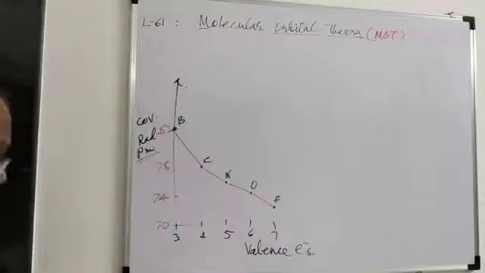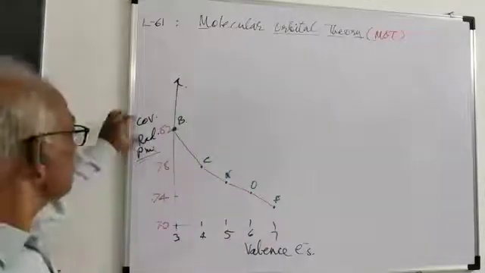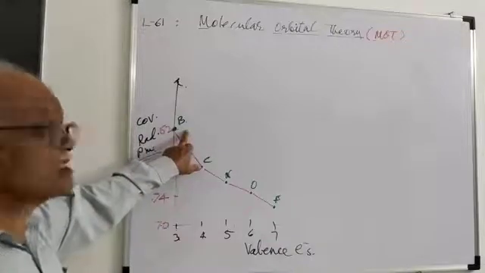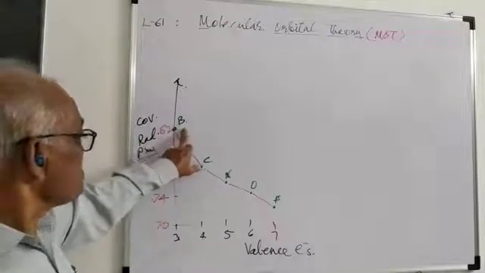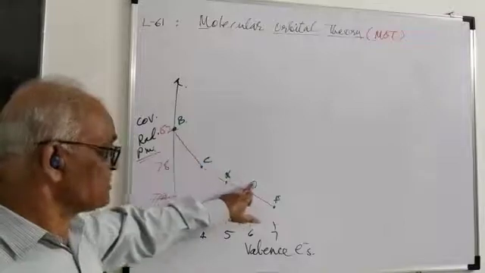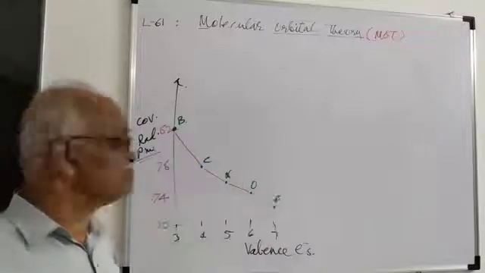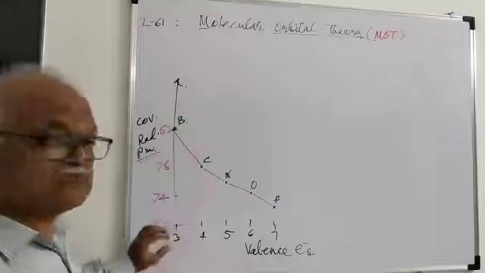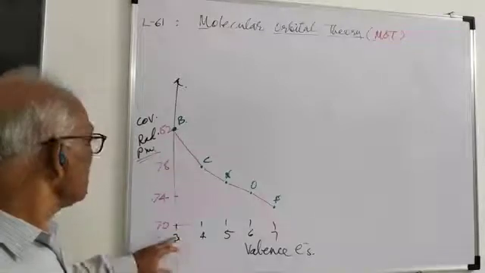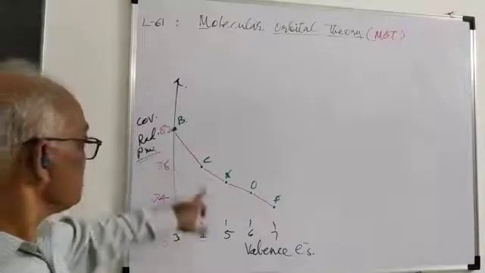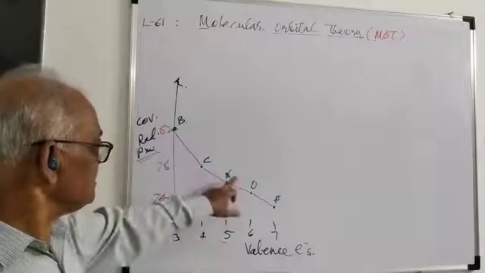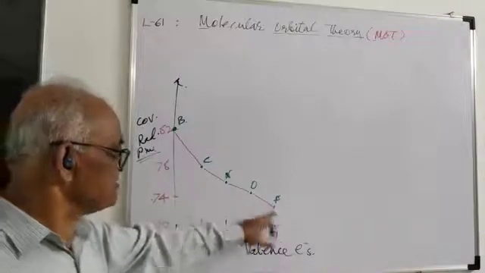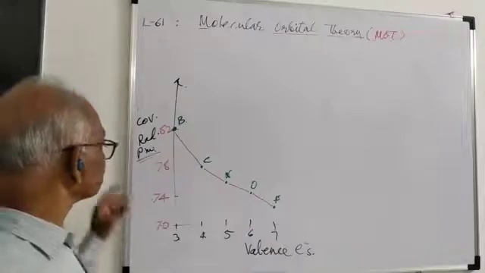Right. So here you will find that the covalent radius decreases from boron to carbon, carbon to nitrogen, nitrogen to oxygen and to fluorine. And if you see, the valence electrons are 3 in boron, 4 in carbon, 5 in nitrogen, 6 in oxygen and 7 in fluorine.